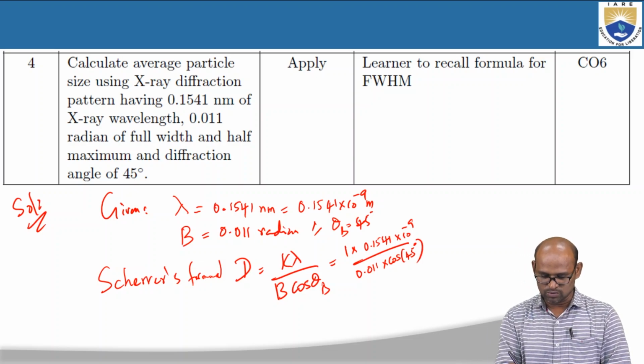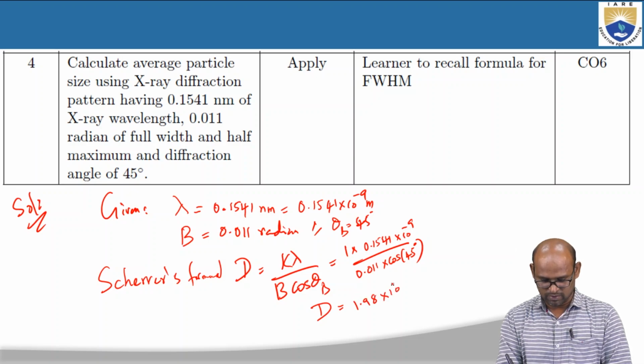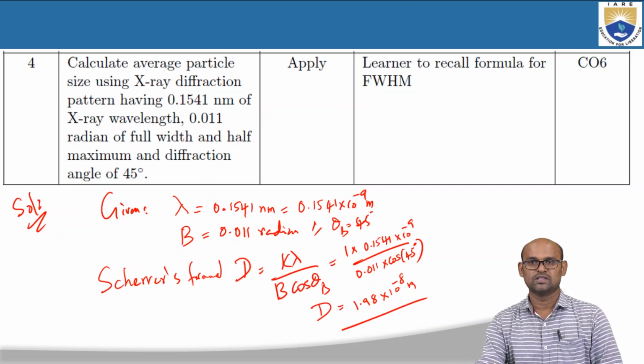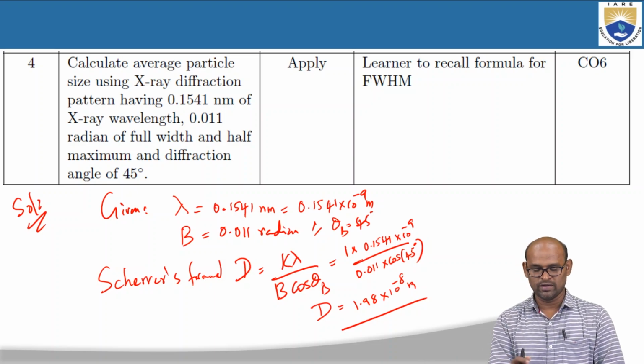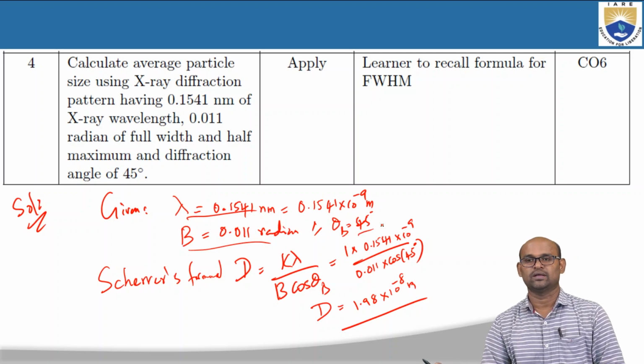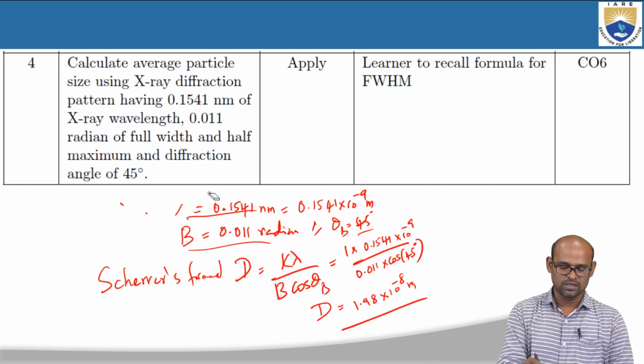So, the answer for average particle size is 1.98 into 10 power minus 8 meters. This is the average particle size we get for this X-ray diffraction pattern having this wavelength lambda, this full width at maximum and this diffraction angle. Okay, so let us go to the next problem.